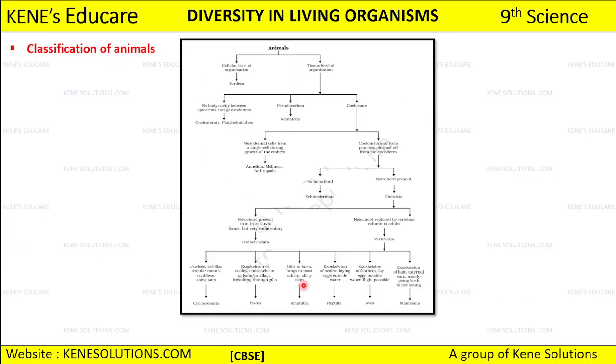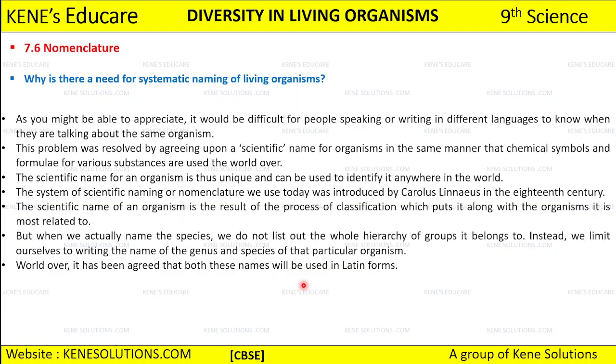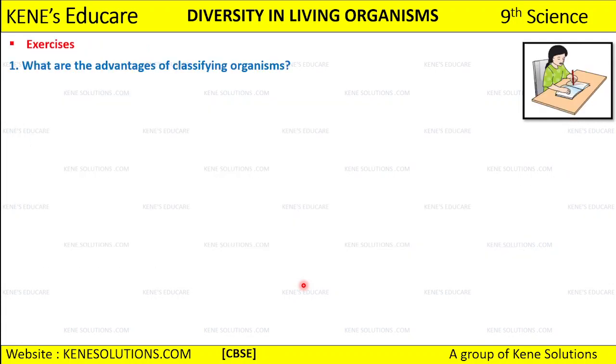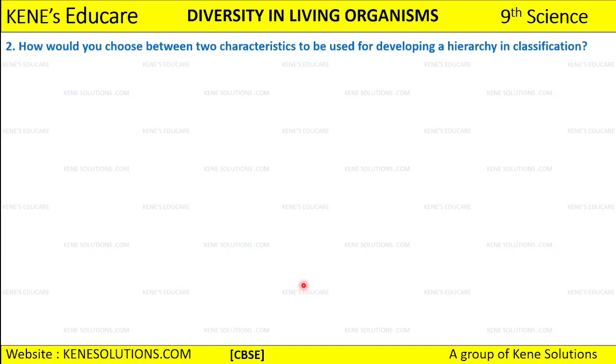After that, we will be discussing the classification of the animals in detail and nomenclature, and then we will be discussing the summary of what we have discussed in this lesson. After that, we have 6 questions. These are the 6 questions which I am showing you that we are going to discuss in this lesson as well.